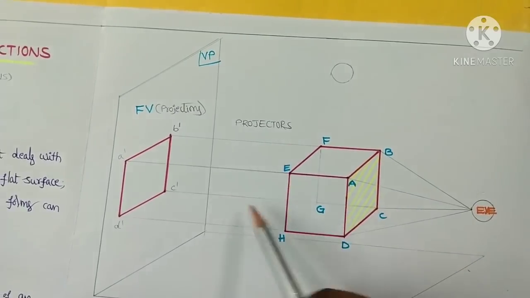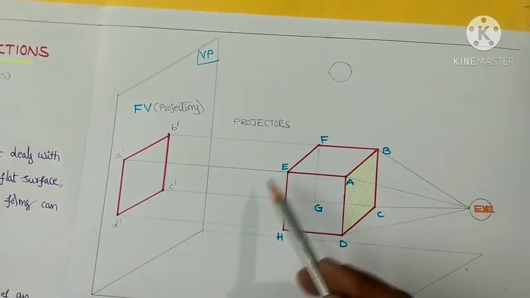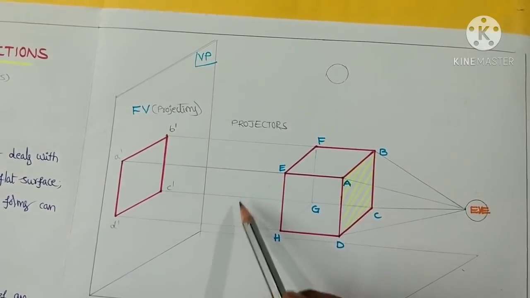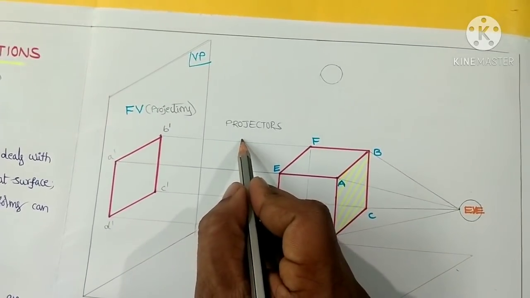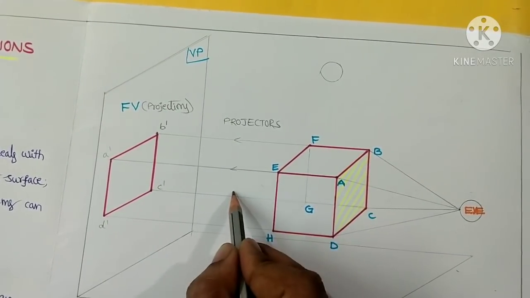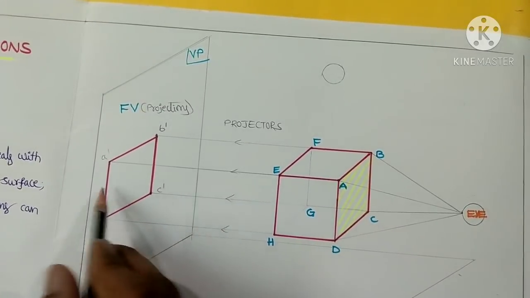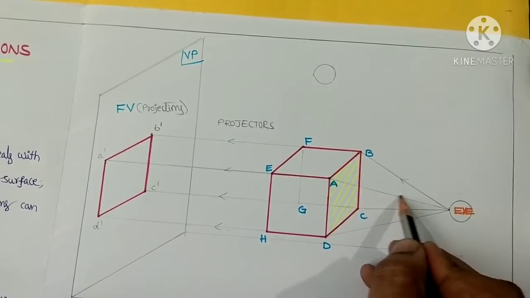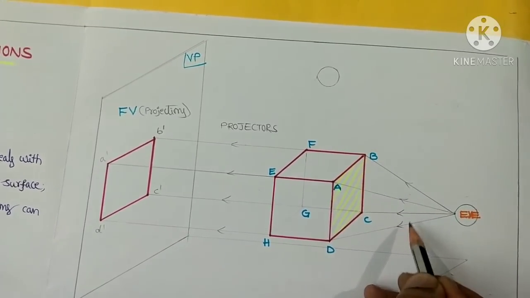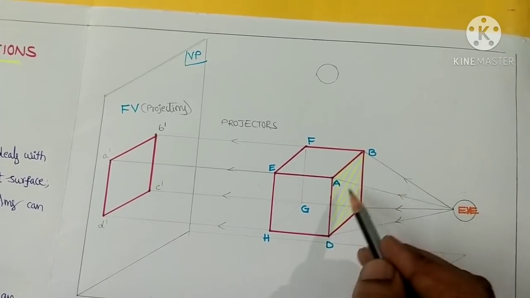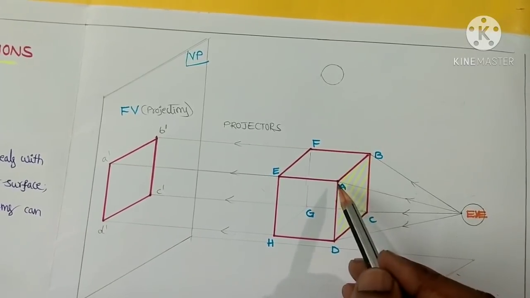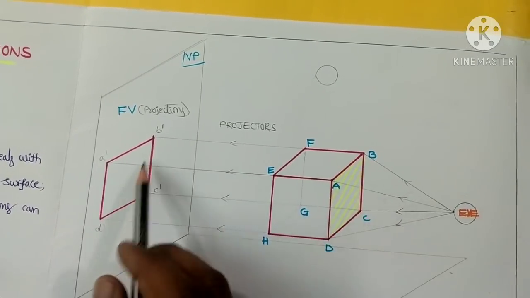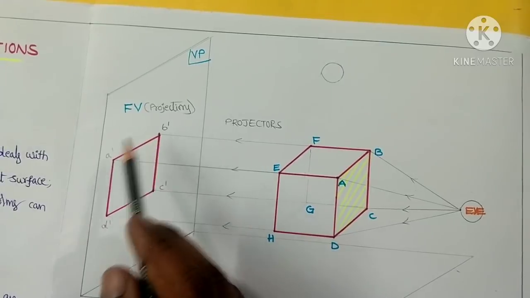But the projectors are lines. The projectors are parallel to each other, and here we have drawn the projectors in this direction to meet this particular vertical plane. Initially the rays from the eye of the observer will meet the various points of the object. After that, those points will be projected onto that particular principal plane.